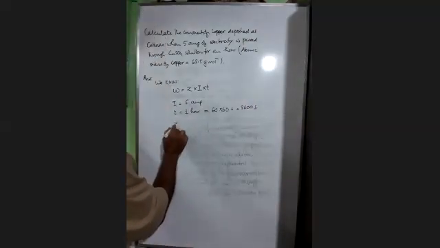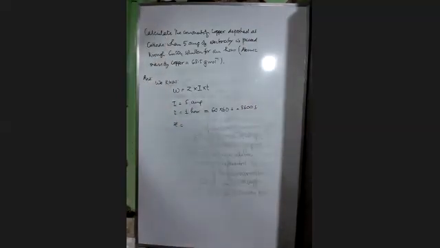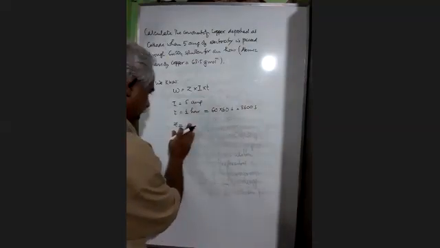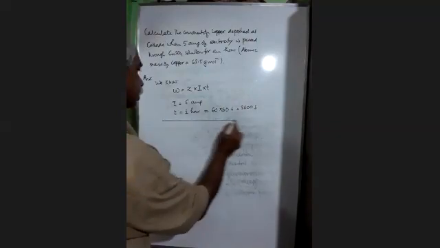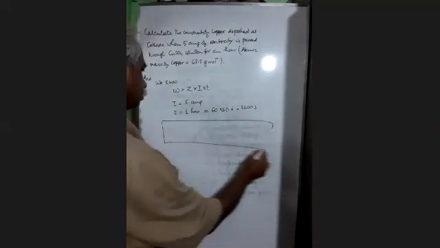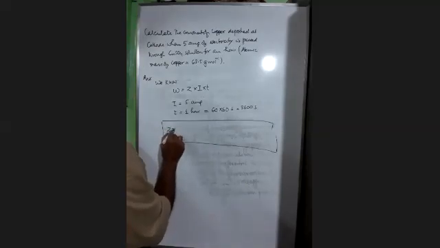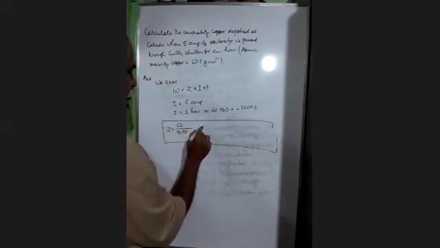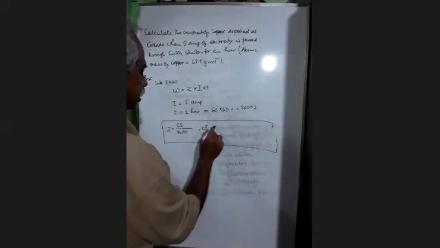Now I have to calculate Z. See, what does it say? Z is equal to chemical equivalent by 96,500. Now, what is chemical equivalent?